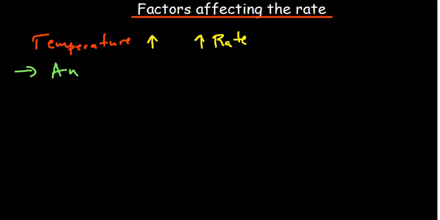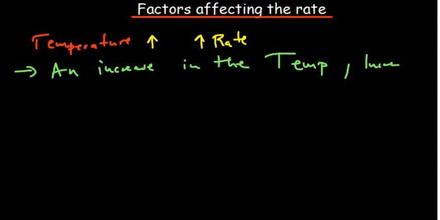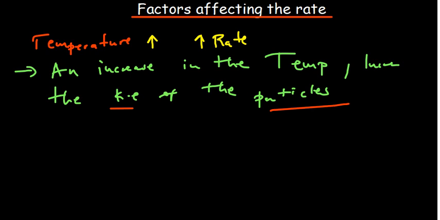Now why? Because an increase in the temperature, according to the kinetic theory, increases the kinetic energy of what? Of the particles. Now remember that according to the collision theory, particles must collide and then with sufficient energy. So this actually increases the probability of what? Increasing the kinetic energy of the particles means they are moving now what?